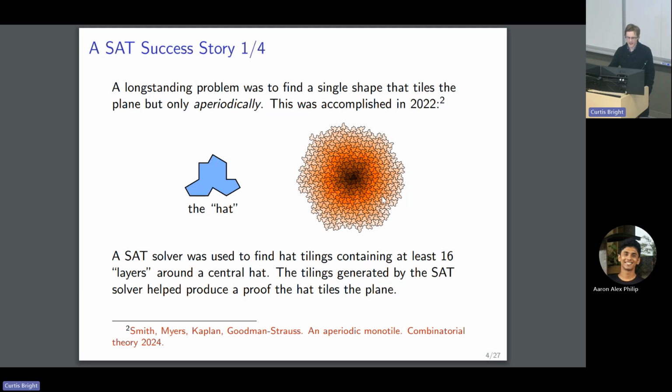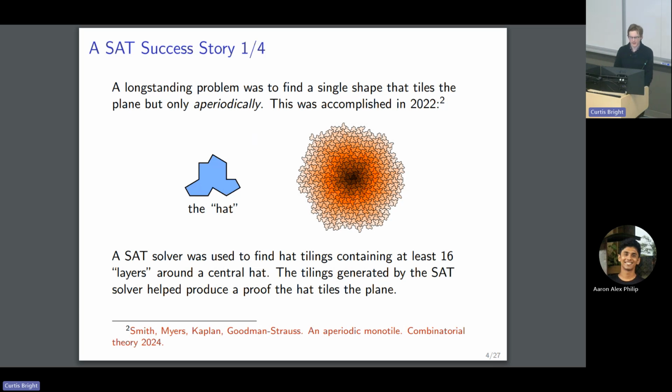This tiling here is actually constructed, I believe, with a SAT solver, and it basically is 1 half surrounded by 16 layers of hats. You reduce it to SAT, you give it to the SAT solver, it finds a solution, which is then translated into a tiling, or it might find there's no solution, which would then be proof that there is no tiling for a certain tile.